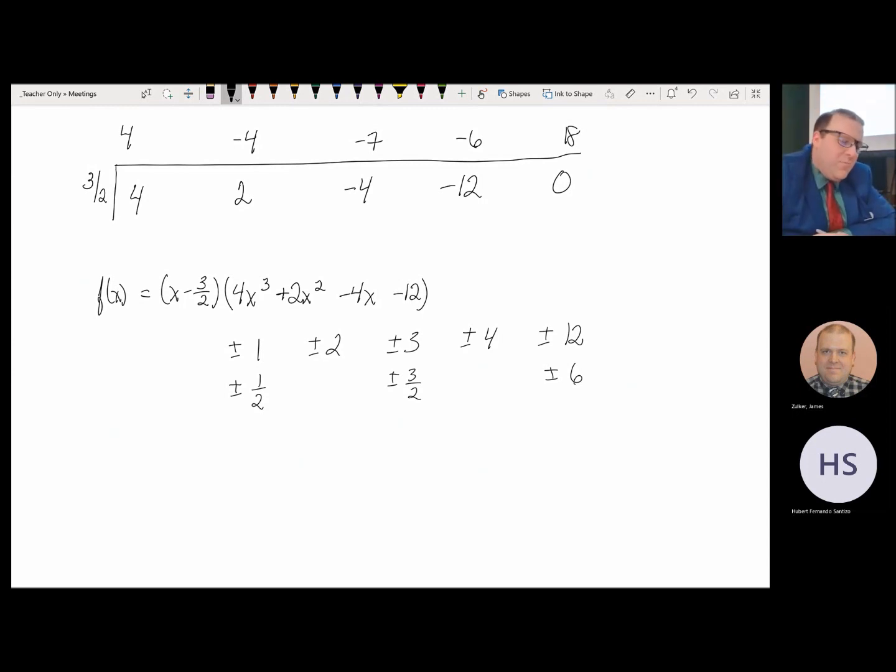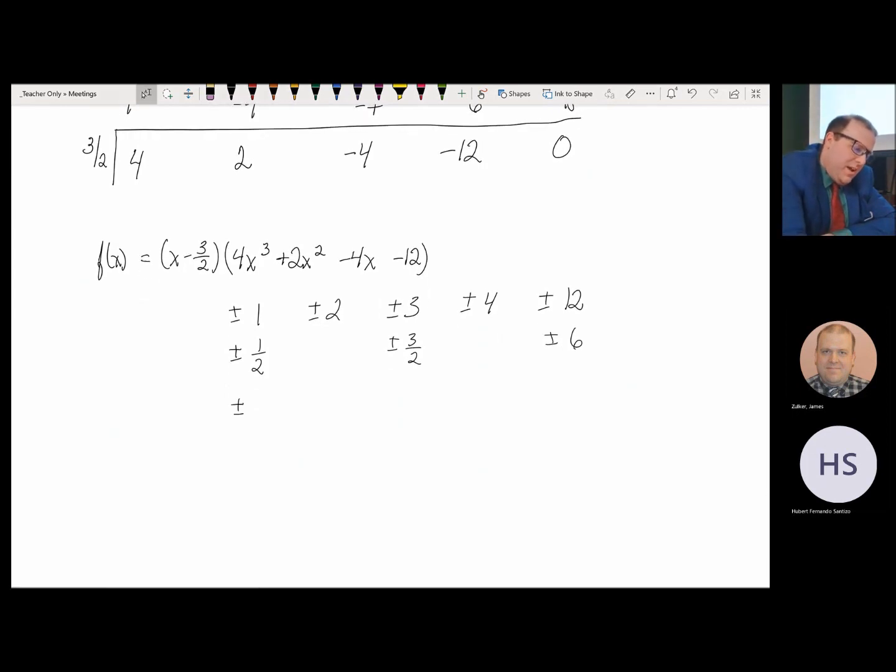Right, 12 over 2, 6. That's something we don't have yet. Now divide by 4, plus minus 1/4, plus minus 3/4, and plus minus 12 over 4 is 3, which we have.